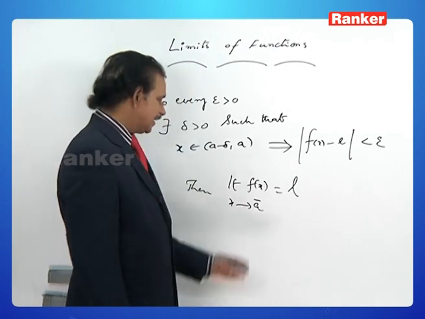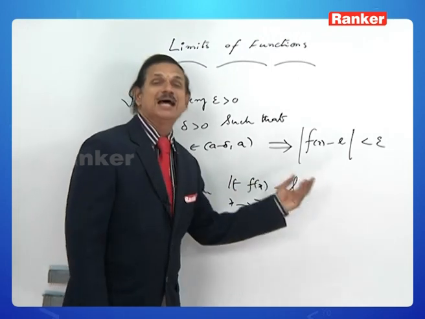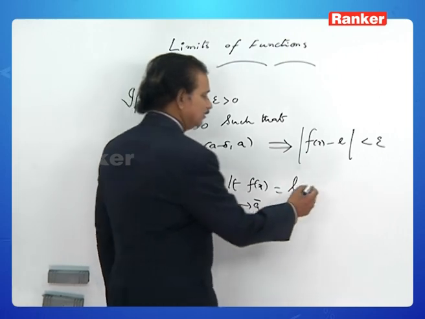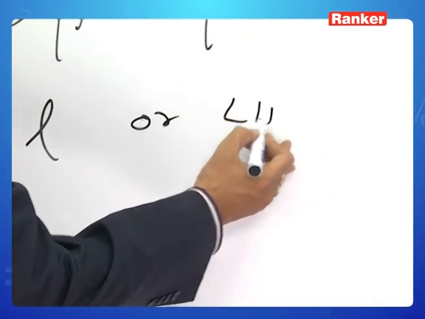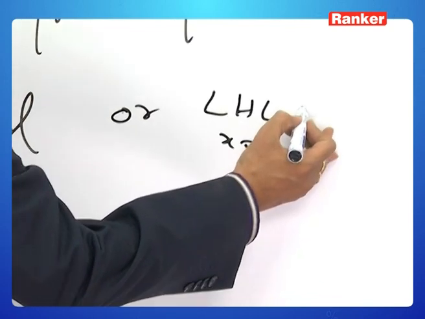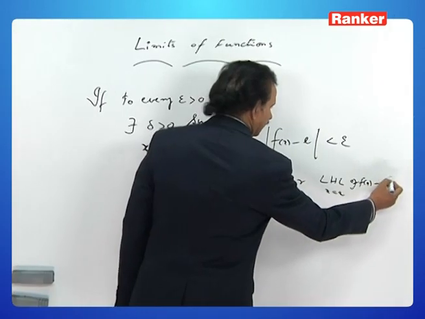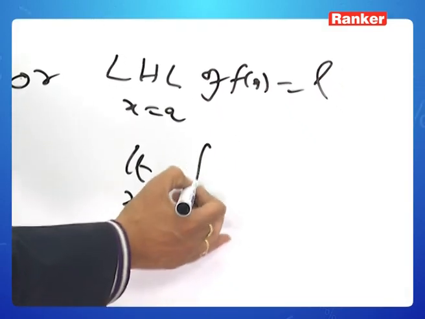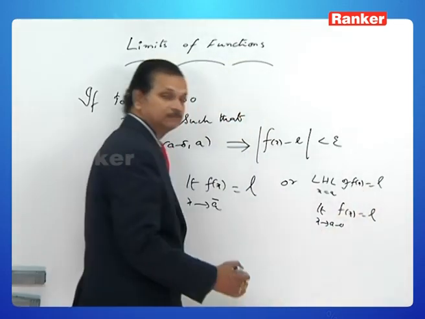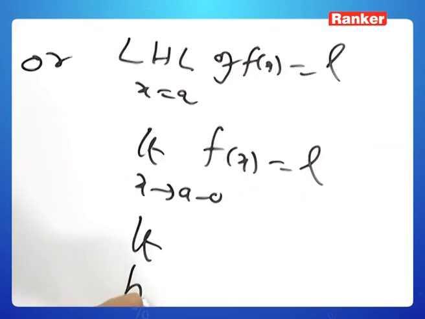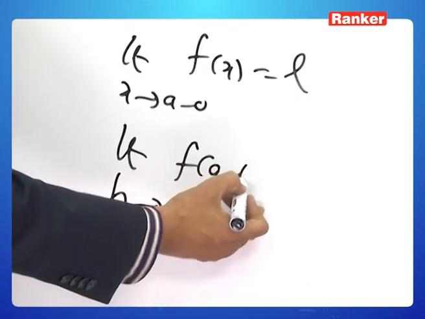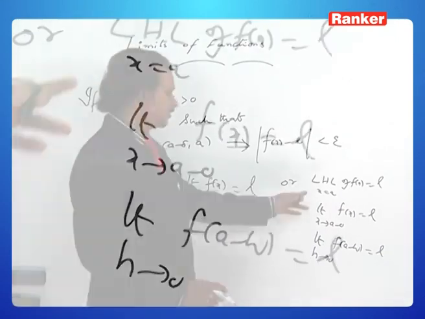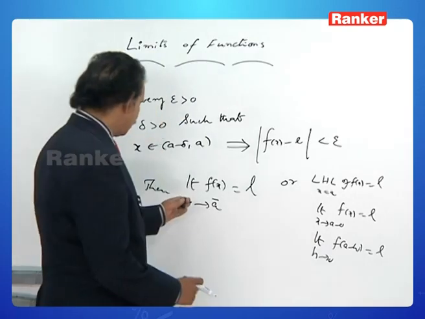We are supposed to read it as limit of f of x as x tends to a from left is equal to L. There are many ways to represent this also, like the left hand limit at x is equal to a of f of x is L; limit as x tends to a minus 0 of f of x is equal to L; limit as h tends to 0 of f of a minus h is equal to L. Of course, this is the symbolic way.